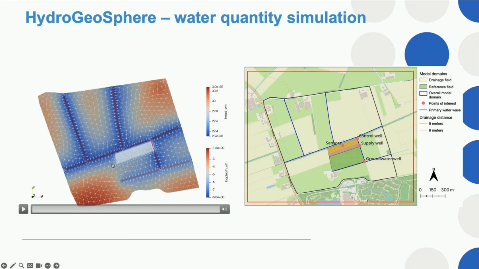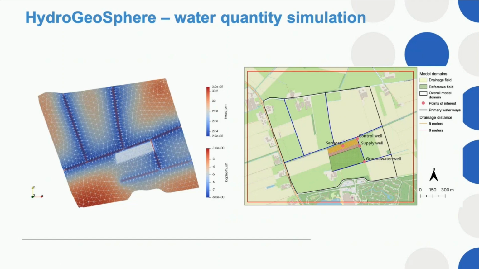Here in the middle of the field, there is this composite controlled drainage system. I haven't included the irrigation yet, but this is how you can simulate groundwater pollution over time as a function of precipitation, evapotranspiration. That's all in the model.